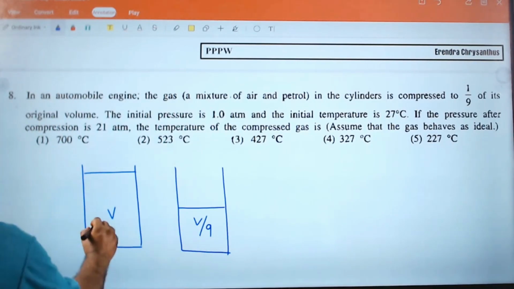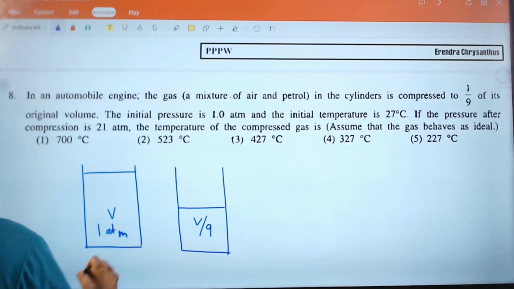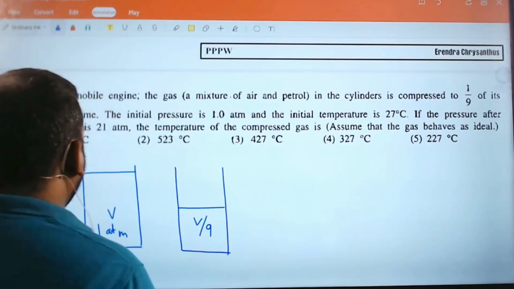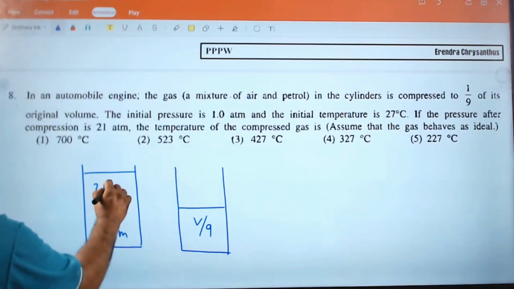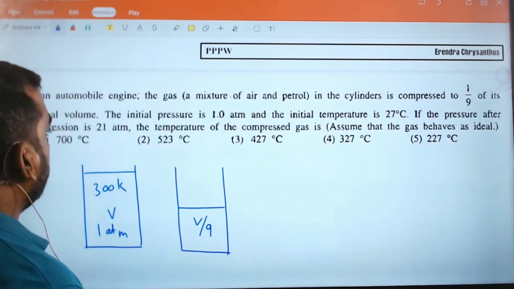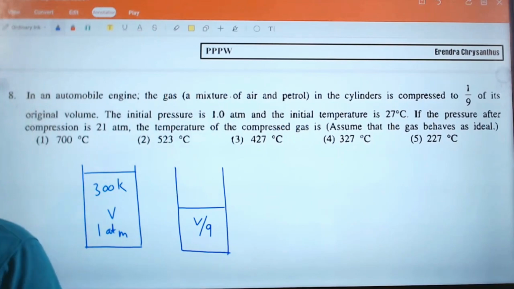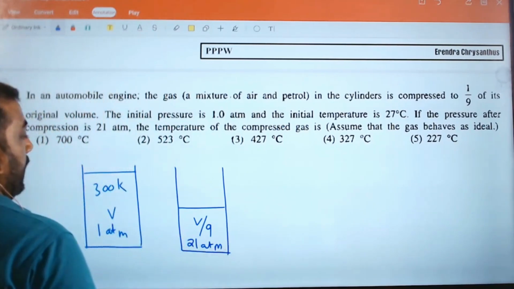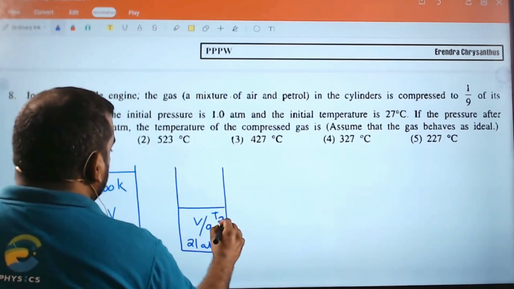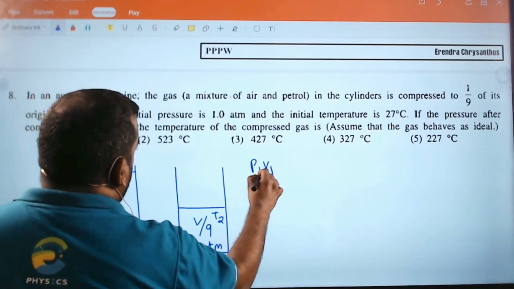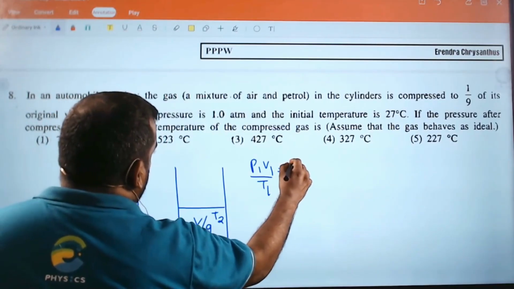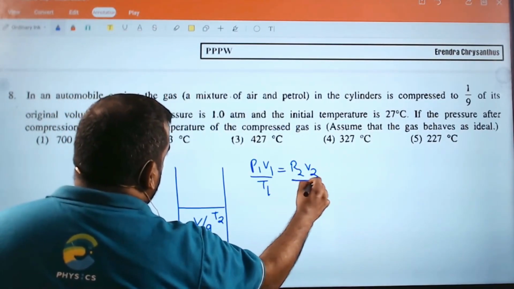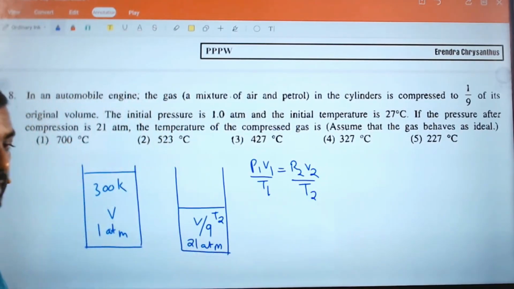The initial pressure is 1 atmosphere and the initial temperature is 27 Celsius, 300 Kelvin. If the pressure after compression is 21 atm, what is the temperature of the compressed gas? P1 V1 over T1 equals P2 V2 over T2, assuming it's an ideal gas.